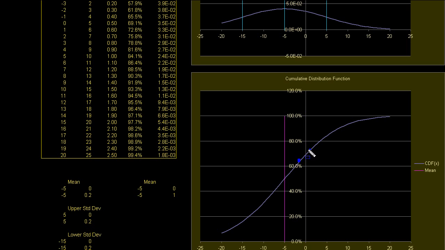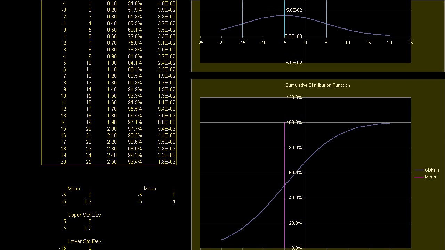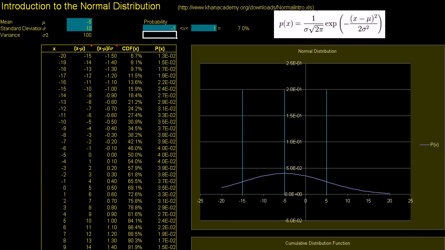I subtract this number from this number, and that tells me essentially the probability that I'm between those two numbers. Or another way to think about it, the area right here. And I really encourage you to play with this and explore the Excel formulas and everything. This area right here between -1 and 1.